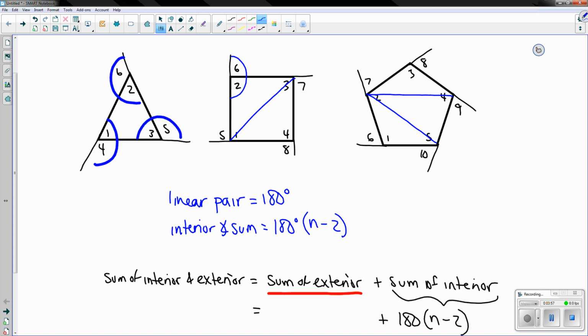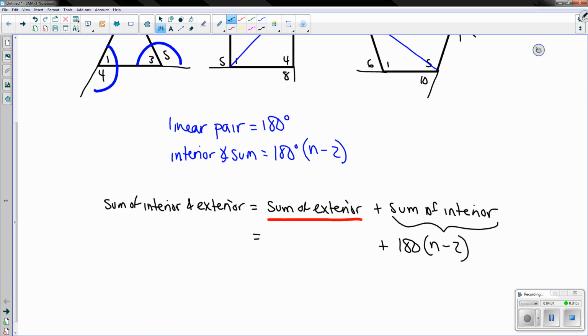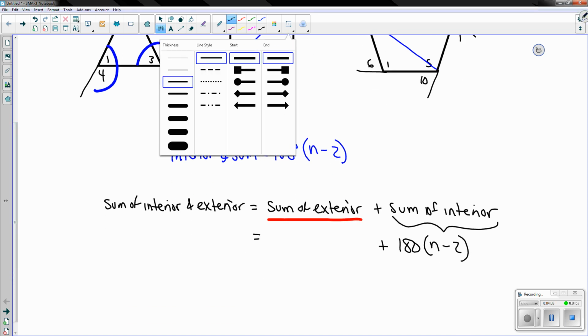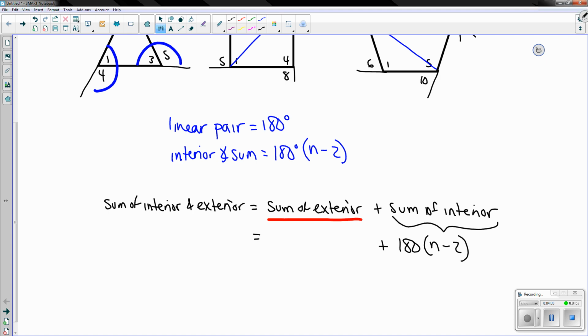For our quadrilateral, you'd have 4, the pentagon 5, and so on. So we can generalize that to say the number of linear pairs totaling 180 times the number of sides, which is going to be represented by n, as it's representing in our sum of interior over here. So n is representing the number of sides.